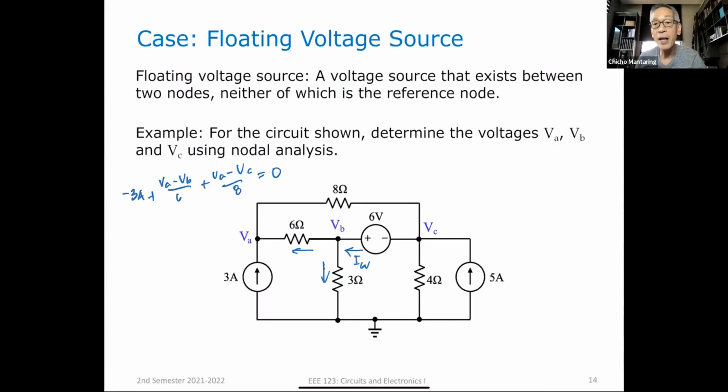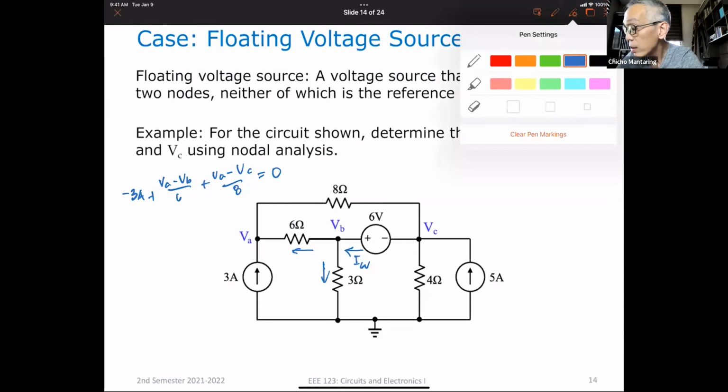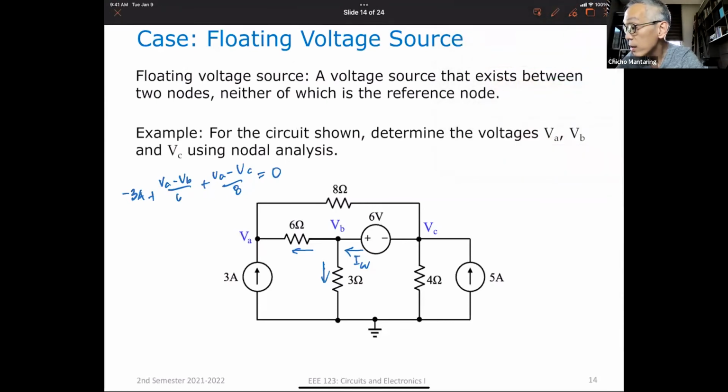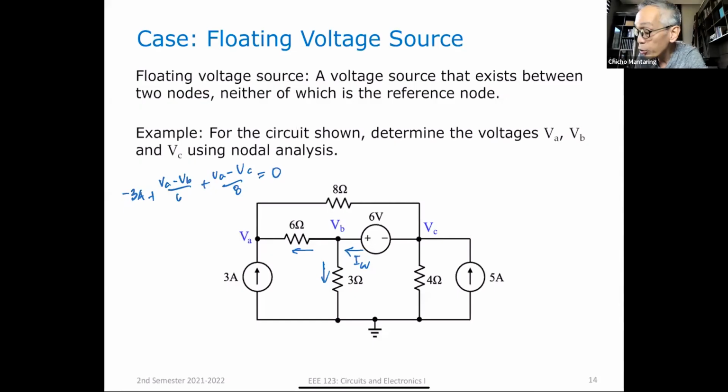Okay, so what is my solution? Here is my solution. I am going to define this as what is called a supernode. In fact, if it is a supernode, I don't even have to know what's inside that.